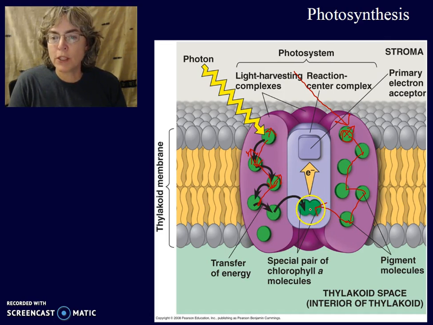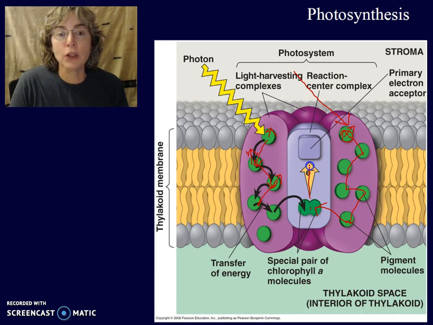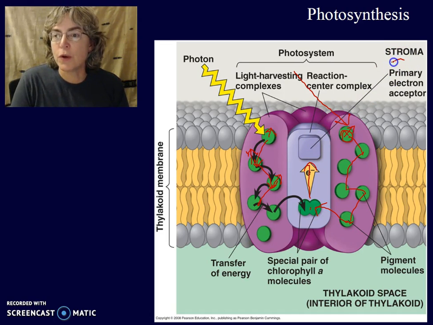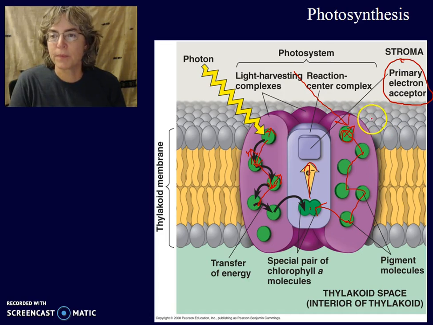And there's so much energy that it bumps up those electrons to the point that it actually loses the electrons. They get lost out of the chlorophyll A molecule and go into this primary electron acceptor.